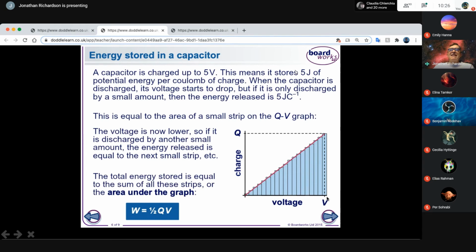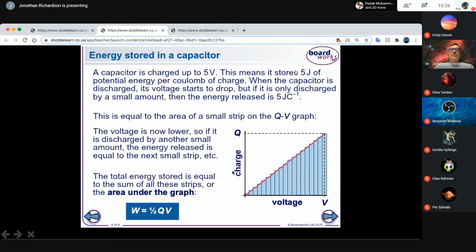We can see this as a triangular shape. Remember from previous graphs we looked at in mechanics, the total energy stored is equal to the area under the graph. So the area under the graph is base times height divided by 2.